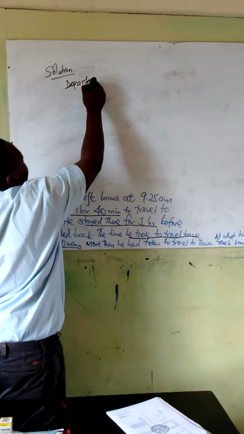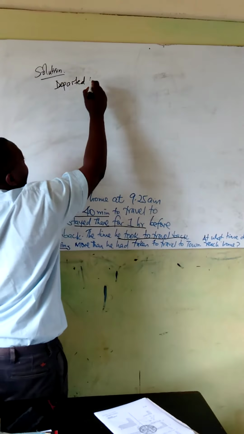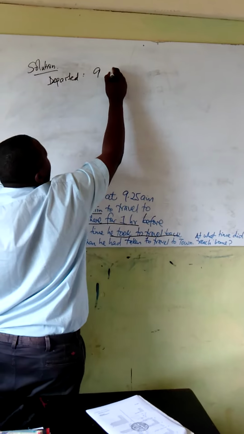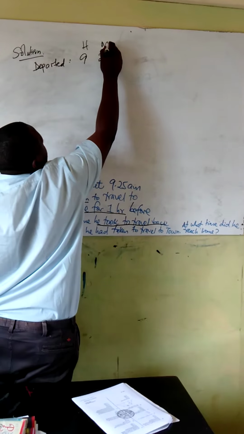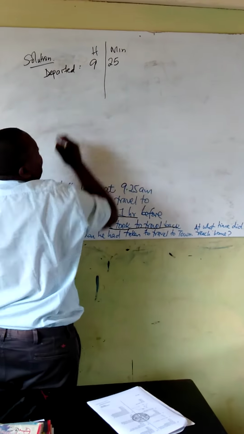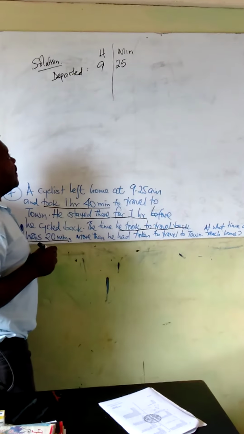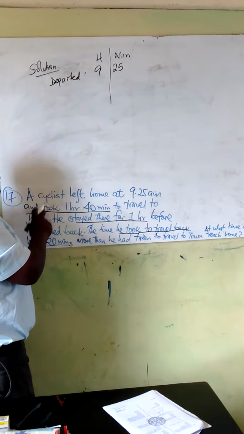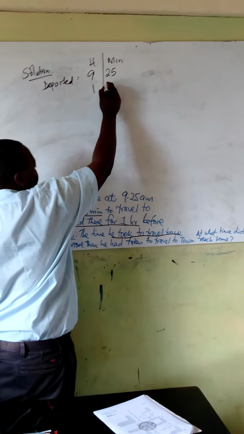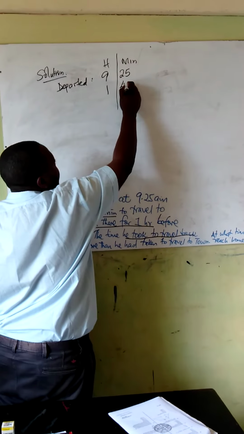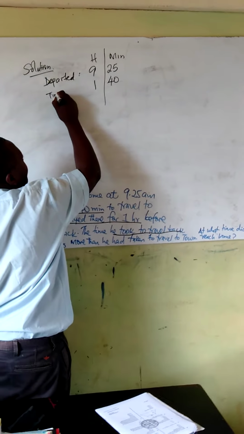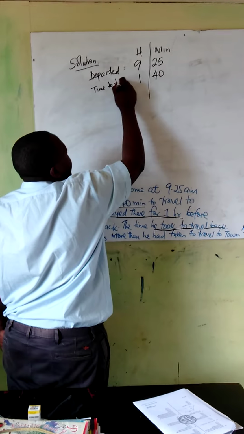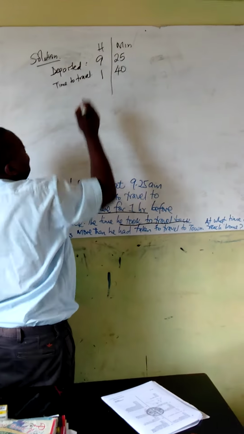Departed at 9:25 a.m. So 9:25 is the departure time, and he took 1 hour 40 minutes to travel to town. This is time to travel.